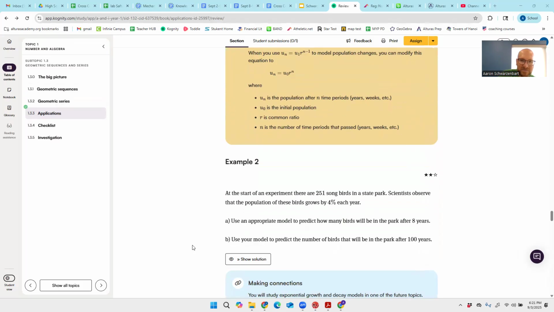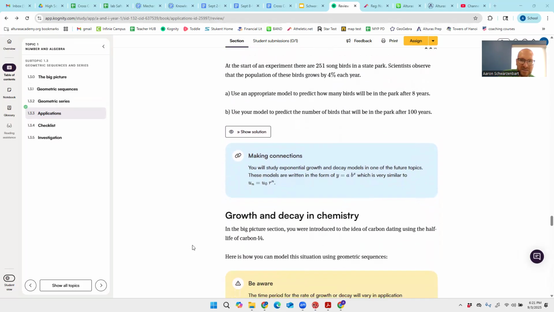Okay, at the start of an experiment, there are 251 songbirds in a state park. Scientists observe that the population of these birds grows by 4% each year. Use an appropriate model to predict how many birds will be in the park after 8 years. Okay, so U sub n, again, at the beginning here, 251.